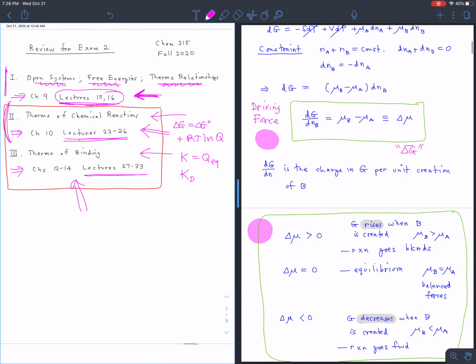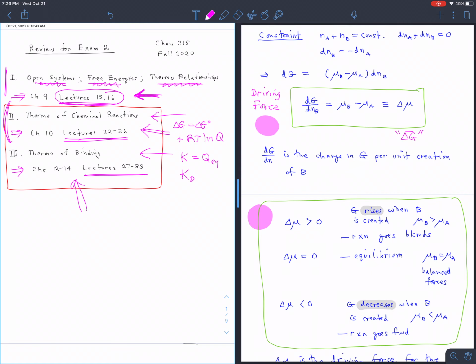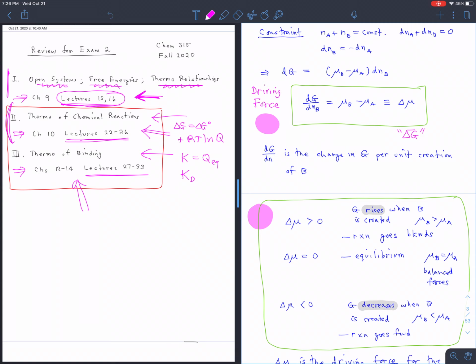And that begins by talking about what are the driving forces for chemical reactions. And we saw early on that it's a chemical potential difference of some kind. In this particular case, it's for a very simple reaction with just one reactant and one product, right? So it's just a difference between the chemical potentials of A and B here. But in more complicated cases, the difference in chemical potential still applies, remember.